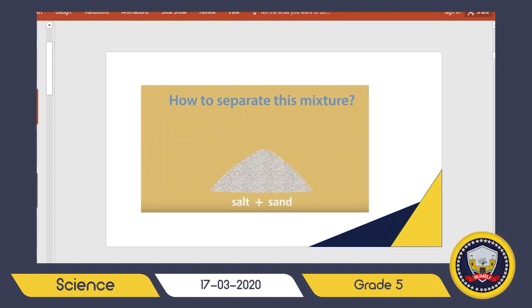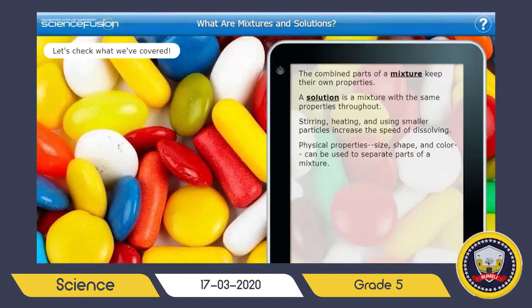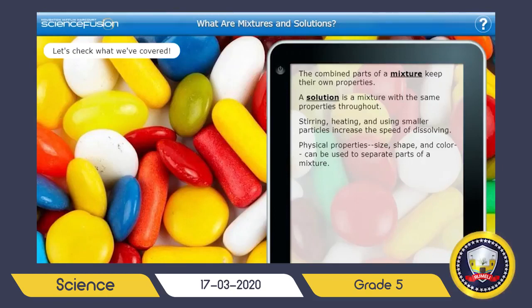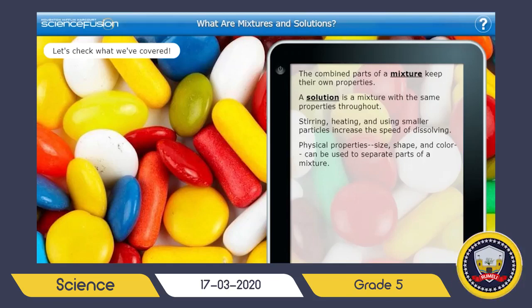sand from each other. Okay, let's check what we covered until now about mixtures and solutions, in our last lesson and our previous lessons in the class. The combined parts of a mixture keep their own properties.